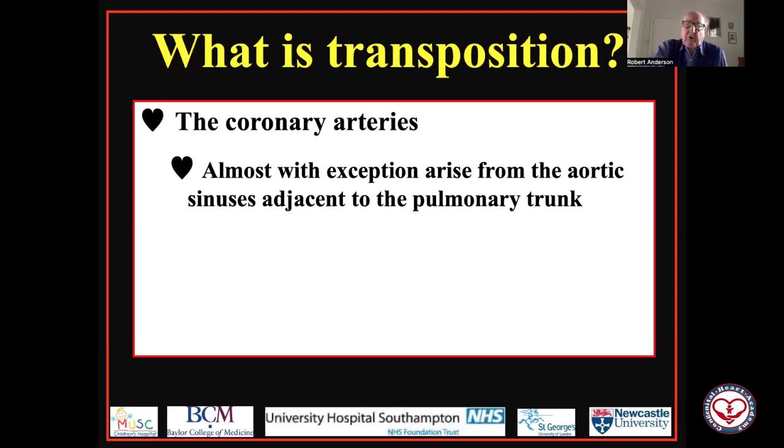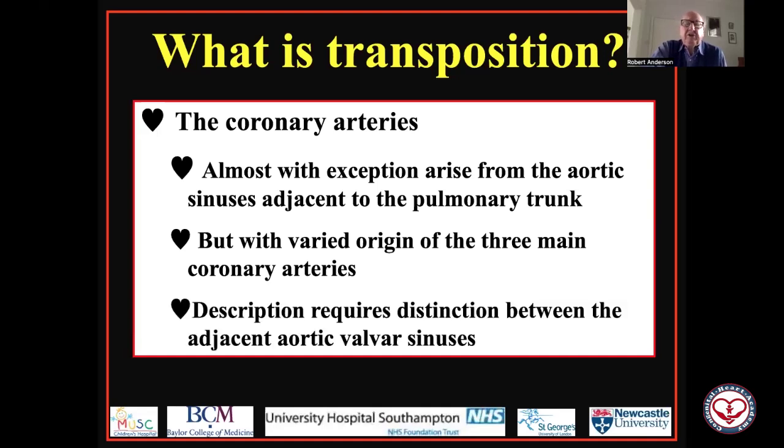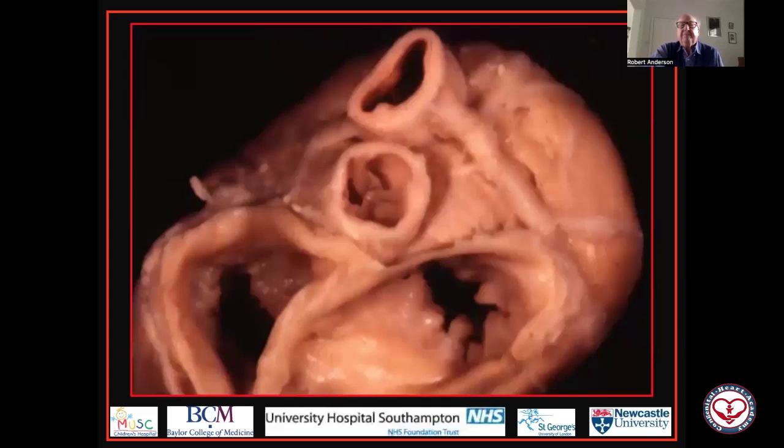But I'm sure you all know that the arrangements are not always the same. There can be varied origin of the three main coronary arteries: right coronary artery, the anterior interventricular artery, the circumflex artery. And if we are properly to account for that variation, we need to distinguish between those two sinuses that are adjacent to the pulmonary trunk.